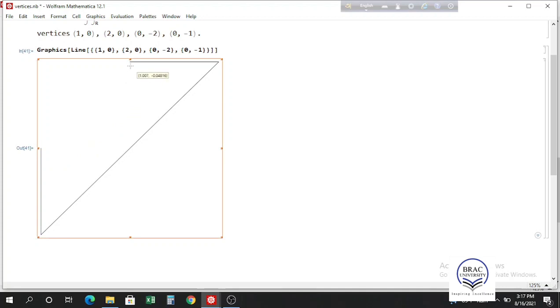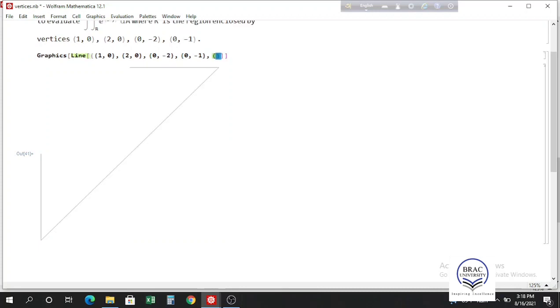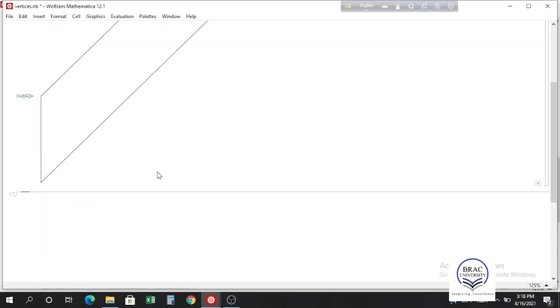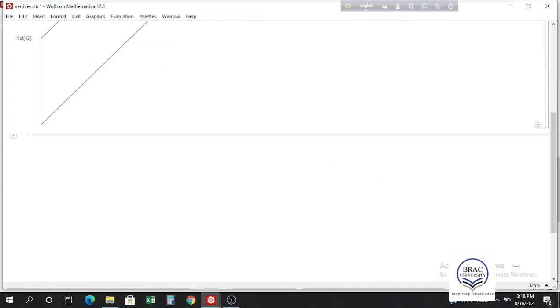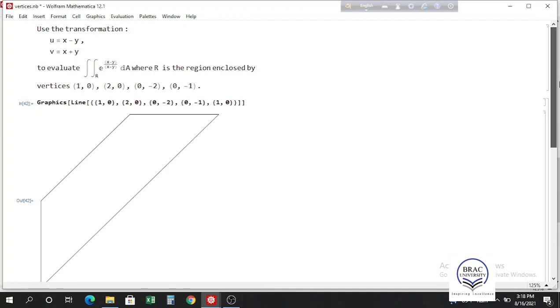Then at the end we also have to connect 0 minus 1 with 1 0. So add a comma and 1 0. This will complete the region. So you can see the region now in the xy plane. Inside the Line command, write the coordinates one by one to connect the coordinates.